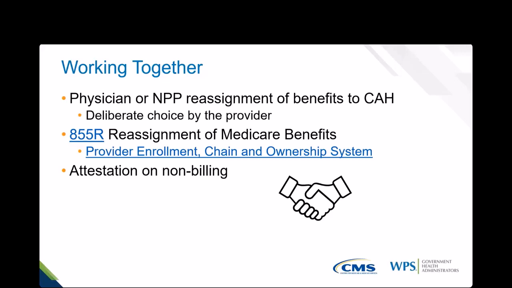When that physician or practitioner has made that choice, as Aline talked about on that now 855I form, they're signing that and attesting to the fact that they understand they have reassigned those benefits. Then that physician or practitioner needs to make sure that their office is aware of that, so that for those outpatient services provided to those CAH patients, the provider is not going to be billing for that. You can see we have listed here 855R.